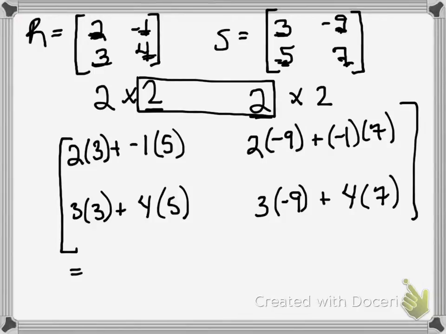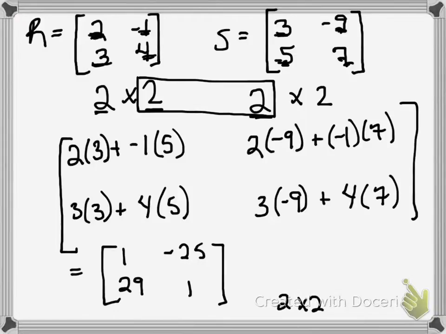So now I can simplify this. If I add all this together, I'm going to have 1, -25, 29, and 1.